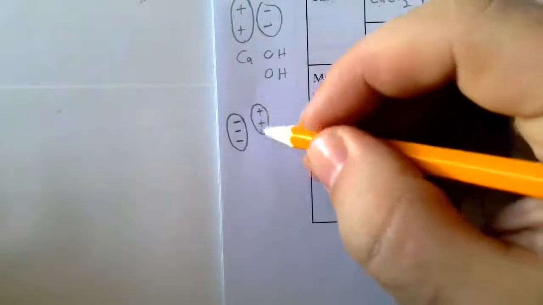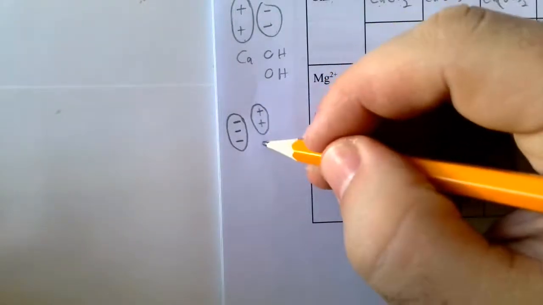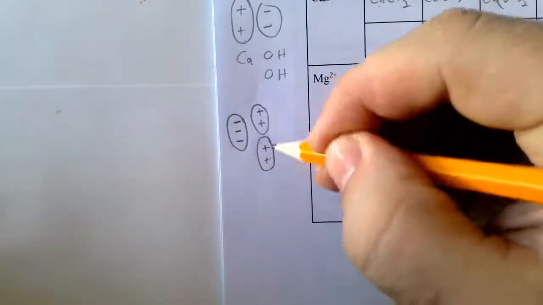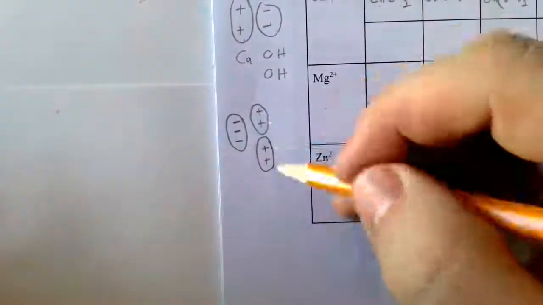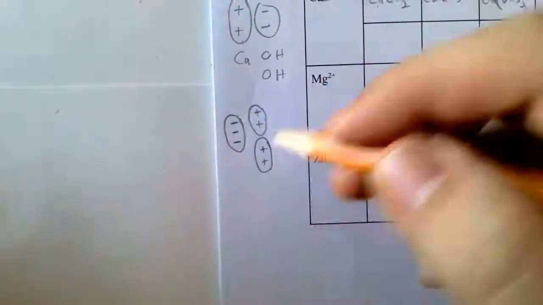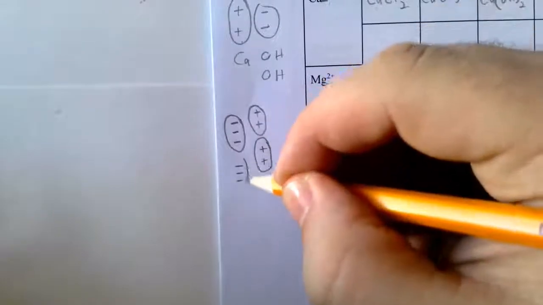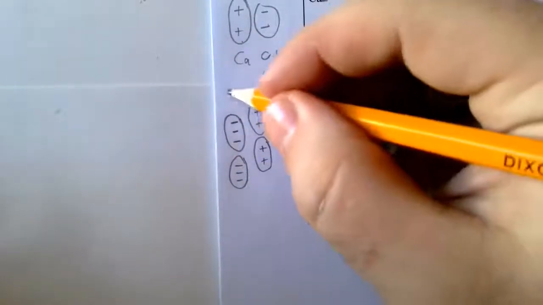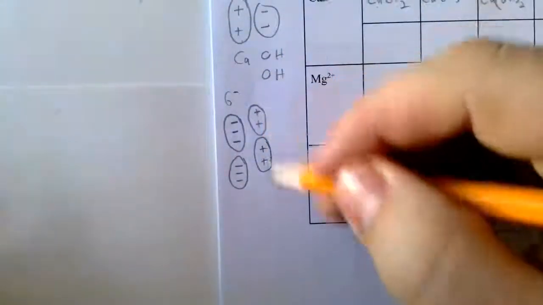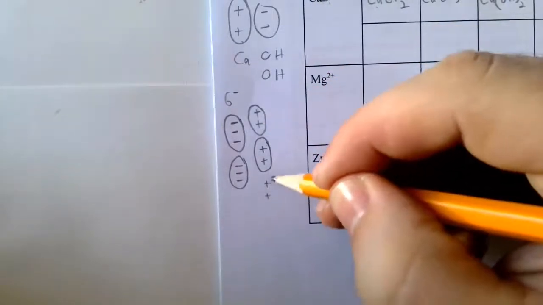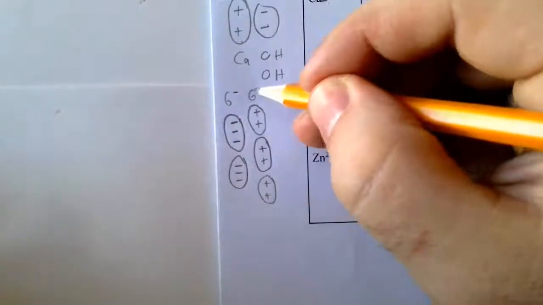Well, clearly I need to bring at least one more calcium in order to try and balance that out. But now I've got 4 to 3, so that's not going to work. So now I need to bring one more phosphate. So now I'm at 6 total negatives. Here I'm at 4 positives, so I'm just going to bring one more calcium. And now I'm at 6 positives.